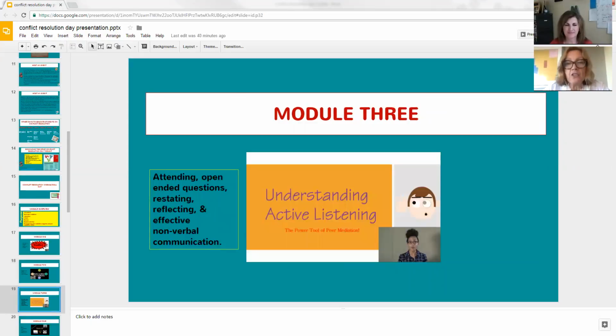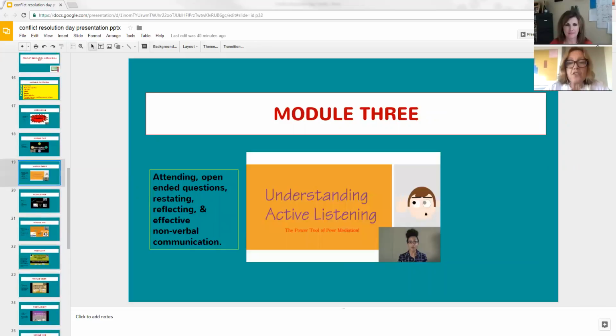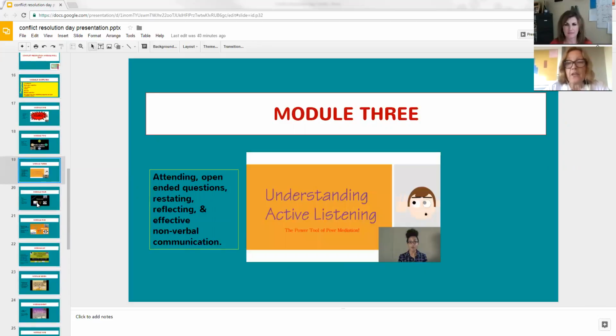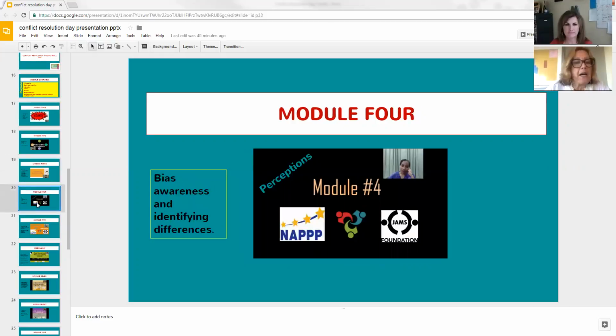The third module is understanding active listening. And as we know, that is the power tool in the kit that helps students do a good job as a peer mediator. Module 4 gets into understanding perceptions and bias, and helps students understand that we all see the world just a little bit differently.